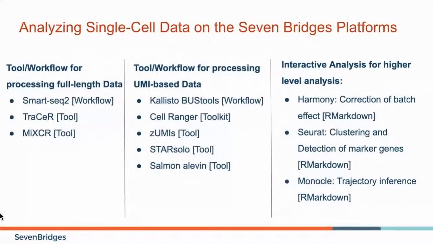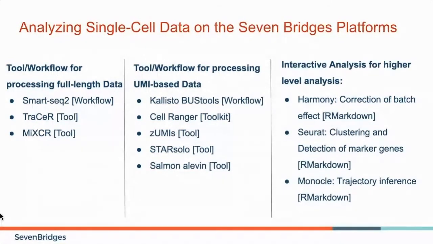So to summarize the first part of our talk, here is an overview of all single-cell tools we have available for full-length processing, UMI-based processing, and higher-level analysis using R packages. Again, the goal of the processing step is to go from raw sequencing reads to some form of counts data.